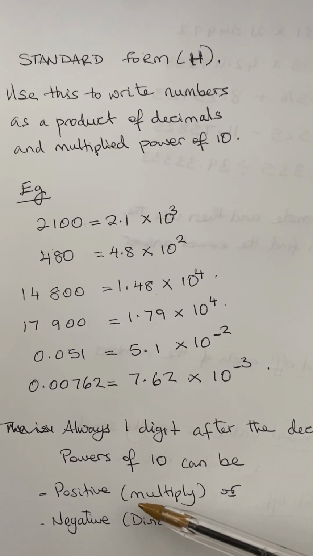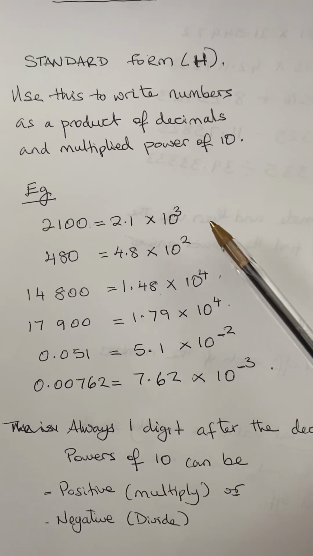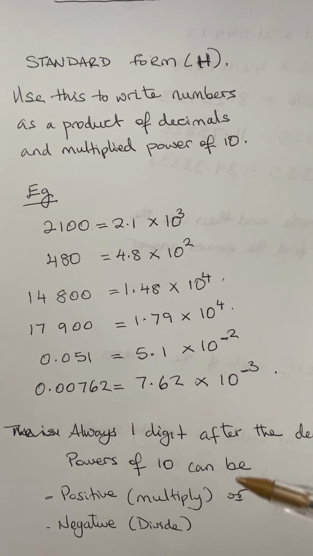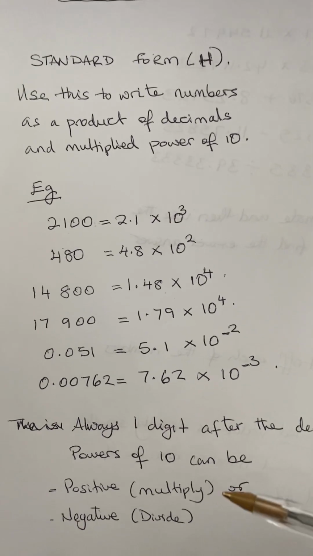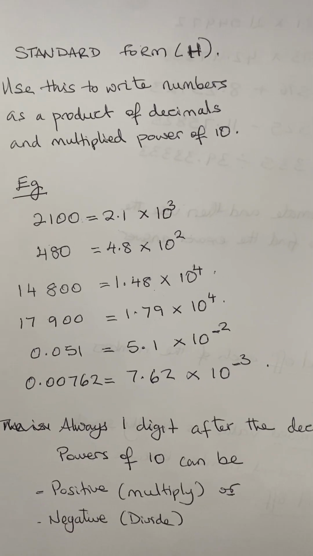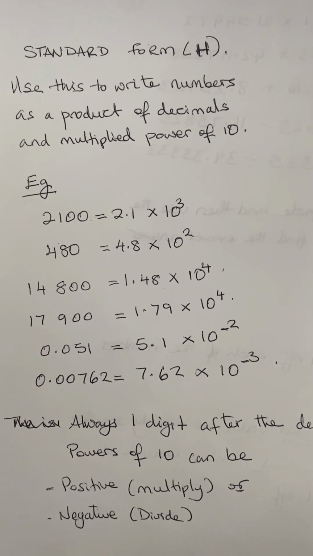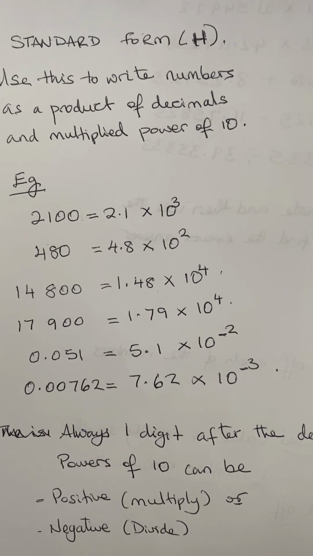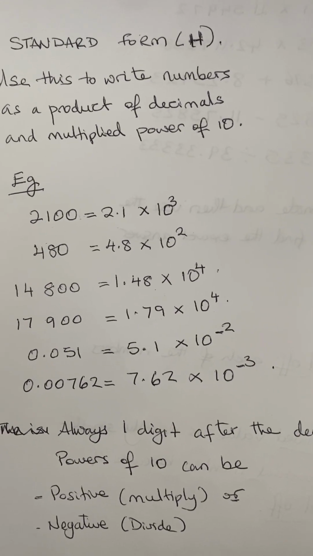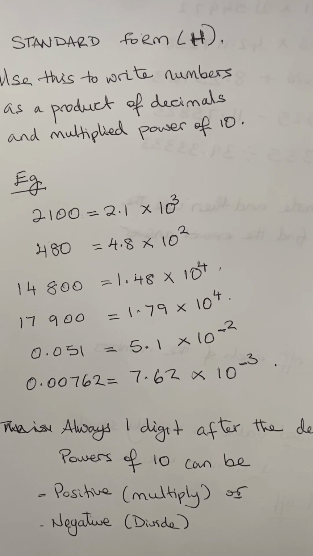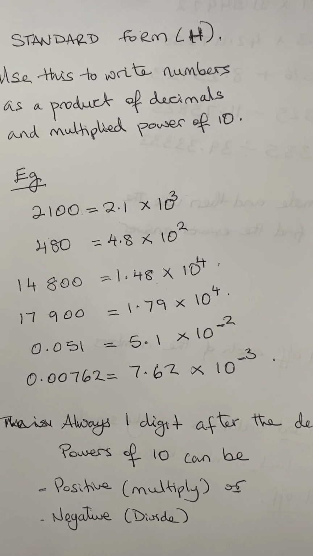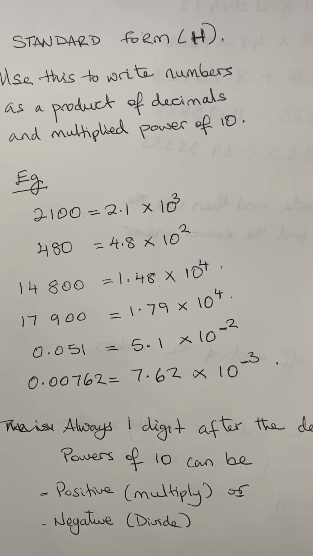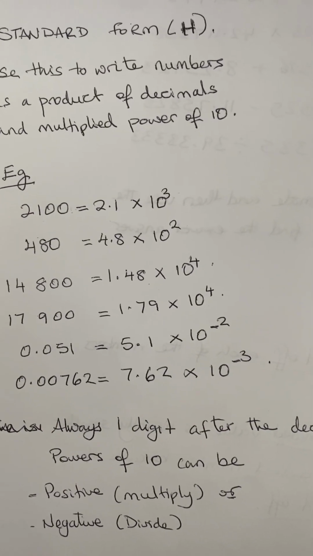When it is positive powers, it means it is a whole number, and if it's negative, then it's like a decimal. So if the figure is greater than 1, you should get a positive power. So 10 should be 1.0 times 10 to the power 1.